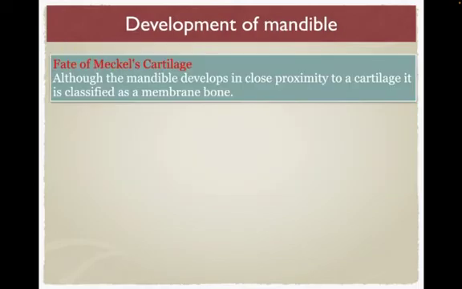And here we need to talk about Meckel's cartilage. It's called the fate of Meckel's cartilage. Now, when the scientists looked at the embryo, they found a replica of the jaw, the mandible, made from cartilage. So the scientists thought that this Meckel's cartilage is the origin of the mandible, because it looks like a mandible.